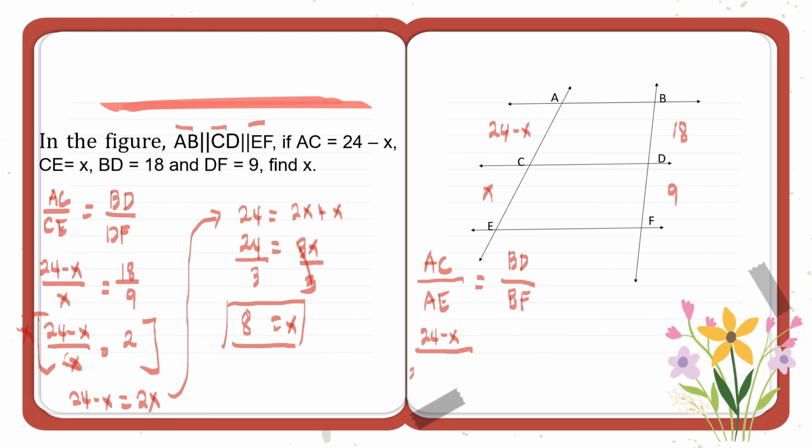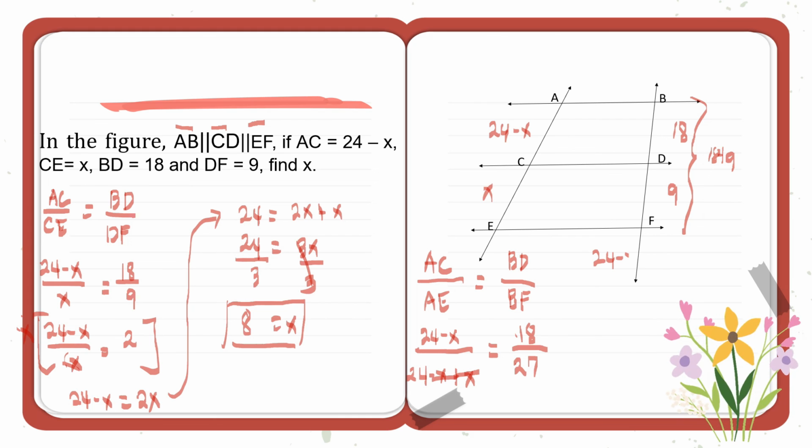So we get the sum of 24 minus X and X equals BD is 18 over BF, which is 18 plus 9. So that is 27. So we can simplify this one. Negative X plus X is 0. So what's left is 24 minus X over 24 equals 18 over 27.